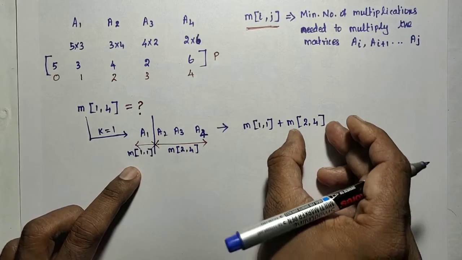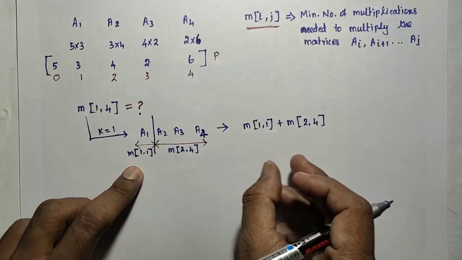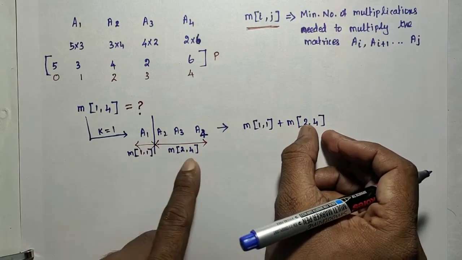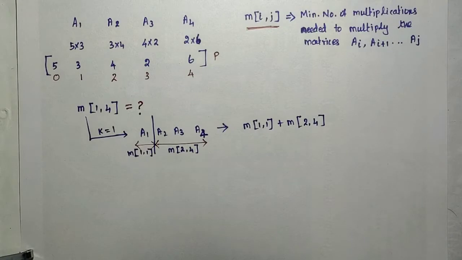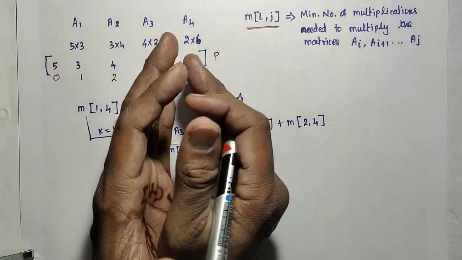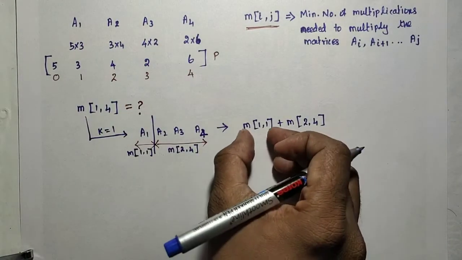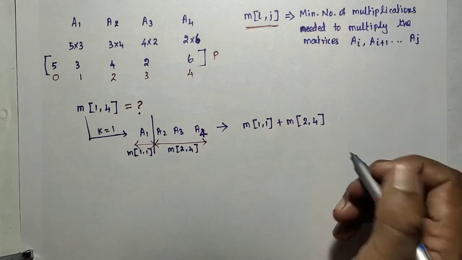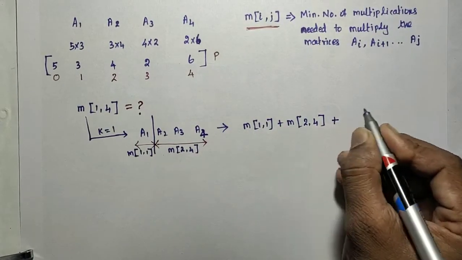Think about these numbers: we are assuming that m of 2 comma 4 contains the minimum number of multiplications needed for this. Similarly, m of 1 comma 1, and 2 comma 4. Plus, we will get the result.